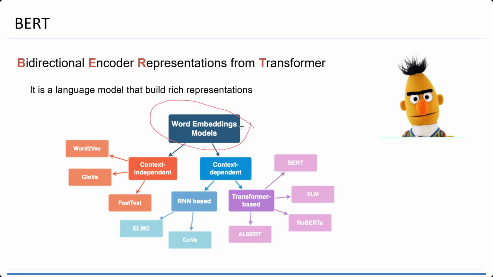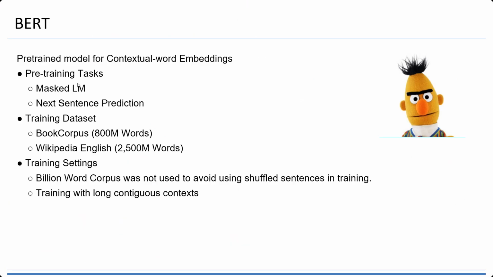And if you look at the embedding models, there are several embedding models, whether it is context independent or context dependent. If it is context dependent, it means we have a model, whether the model is based on the RNN, which is based on the decoder, or the model is based on the transformer. So this is the data set that they use for BERT.